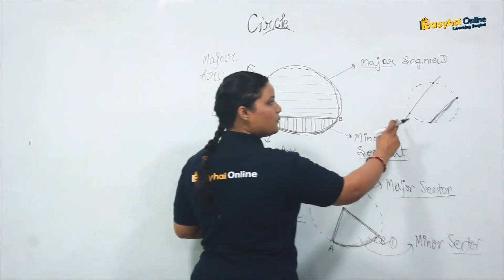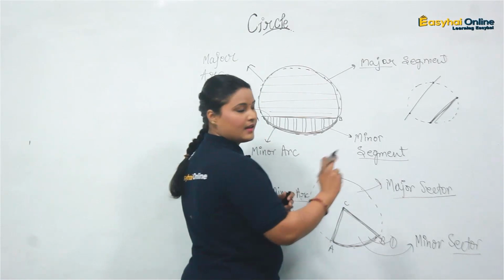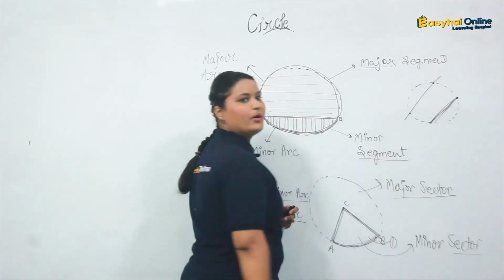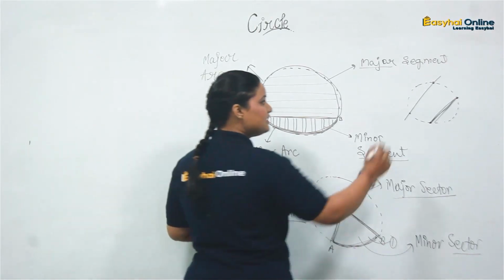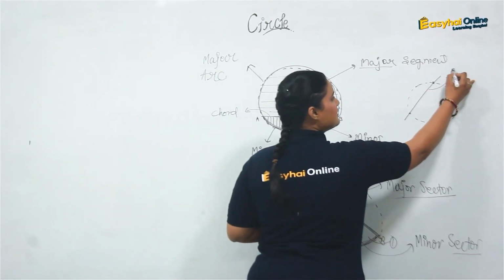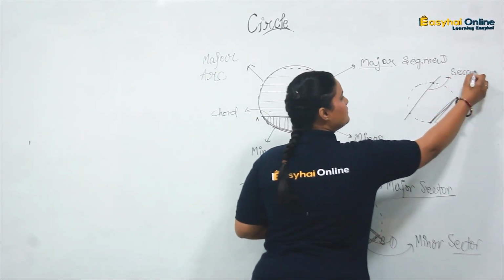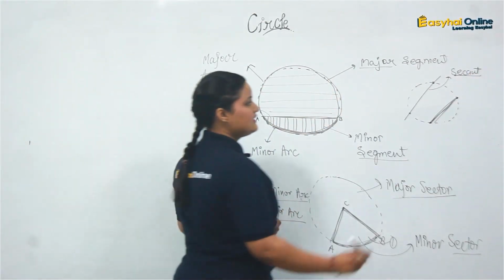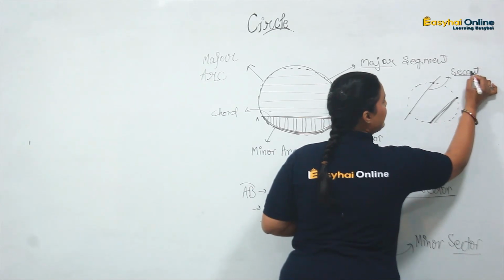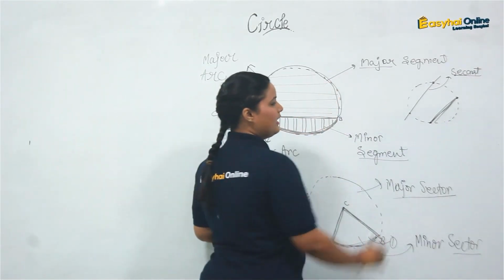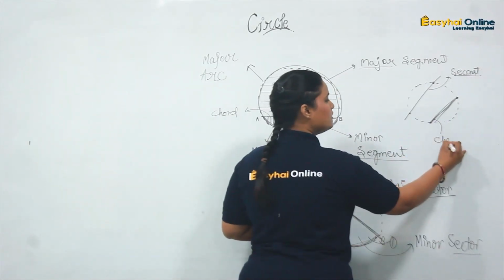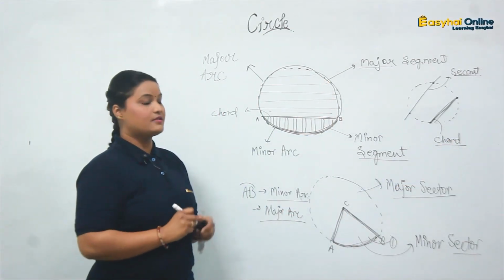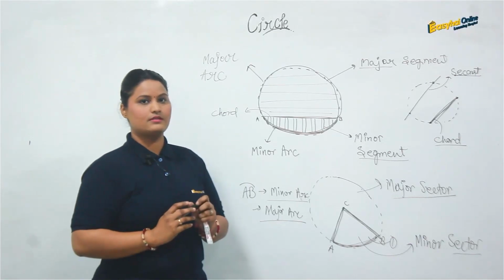This line is passing through the circle and cutting it at two different points. Clear? So this is the difference. Don't get confused.